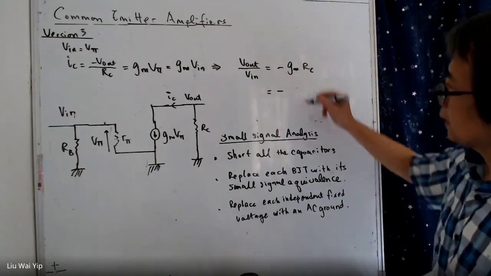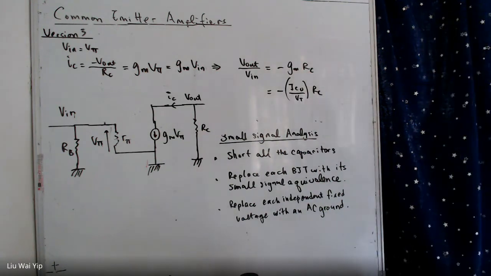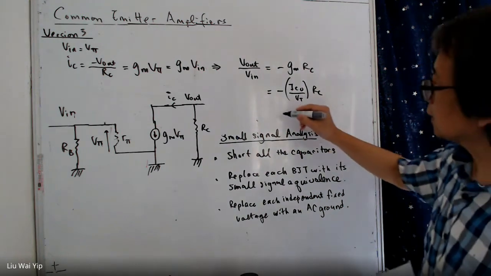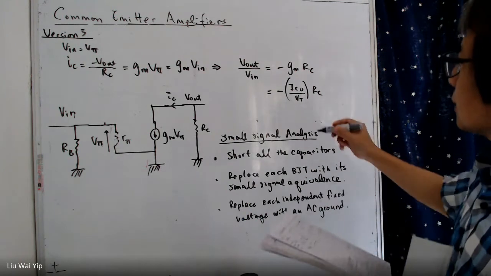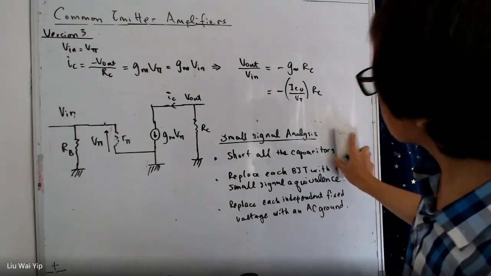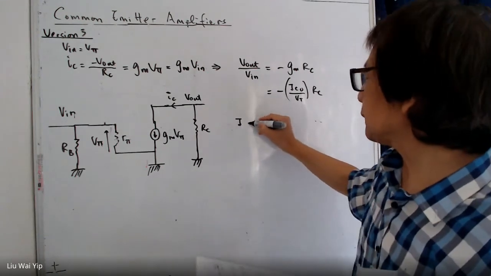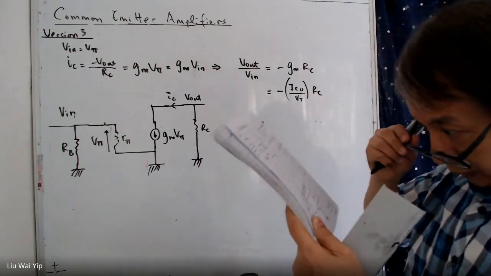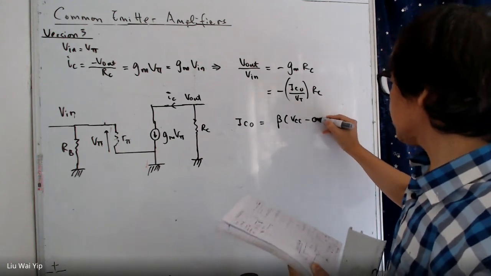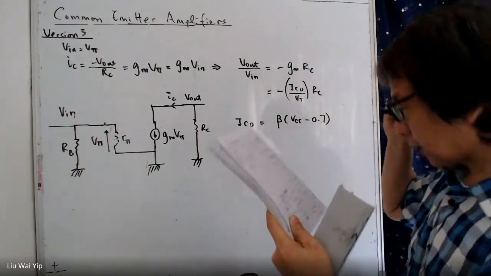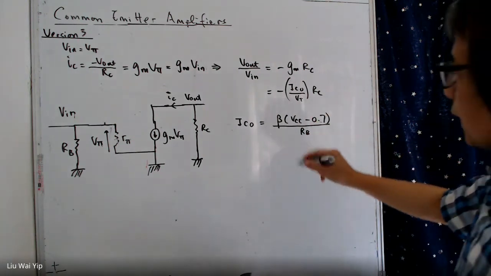And gm is IC naught divided by VT. And IC naught is equal to beta times VCC minus 0.7 divided by RB. So all the rest is downhill.